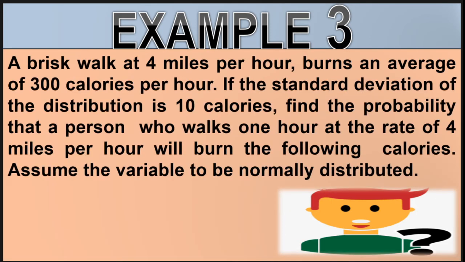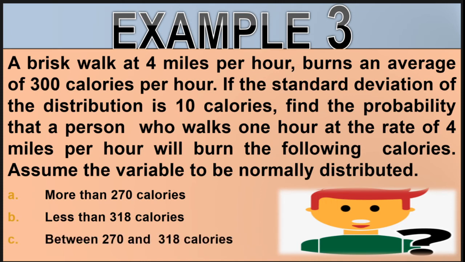So let's have another example. A brisk walk at 4 miles per hour burns an average of 300 calories per hour. If the standard deviation of the distribution is 10, find the probability that a person who walks 1 hour at the rate of 4 miles per hour will burn the following calories.